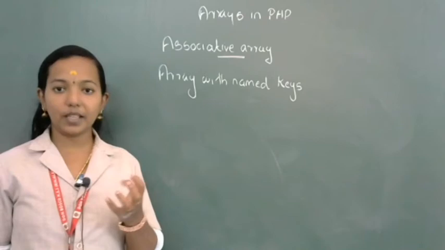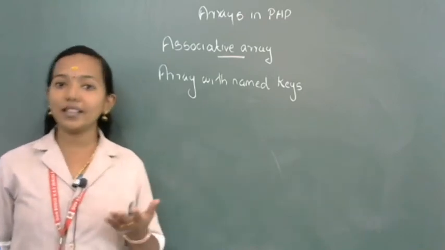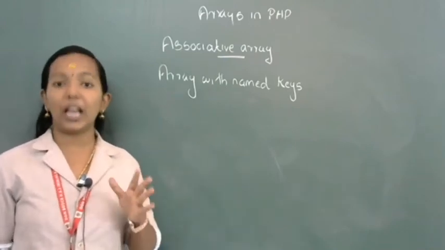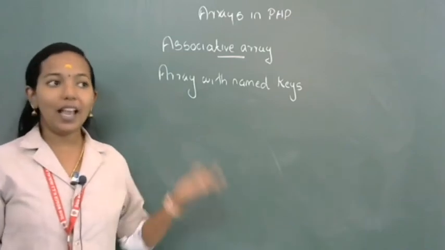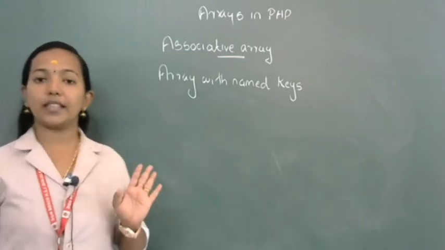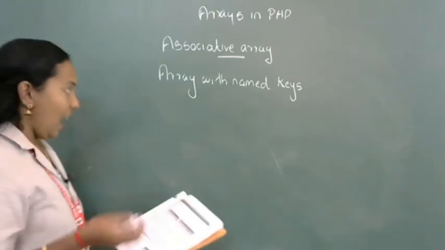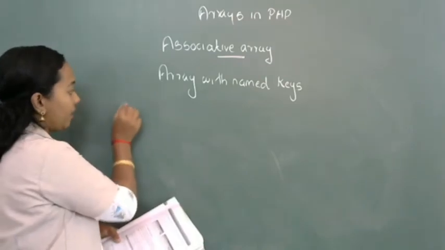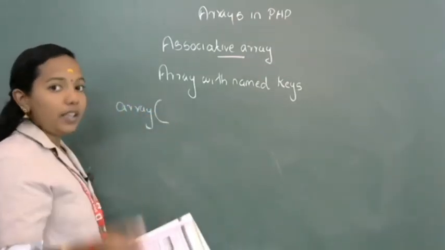Named keys, that means key along with the name. For example, suppose you want to create an array of stationery items along with their values, for example cost of pen, cost of pencil. Along with the pen, you want to specify its cost also. So we will write the syntax. Associative array syntax is array, then named keys.